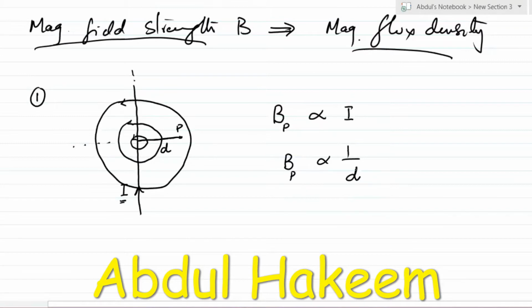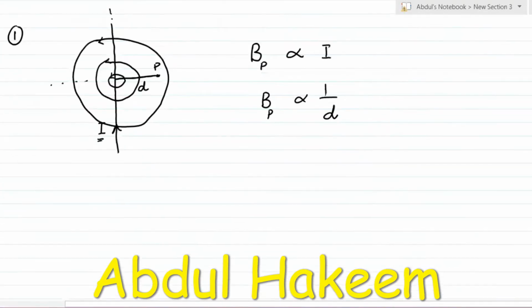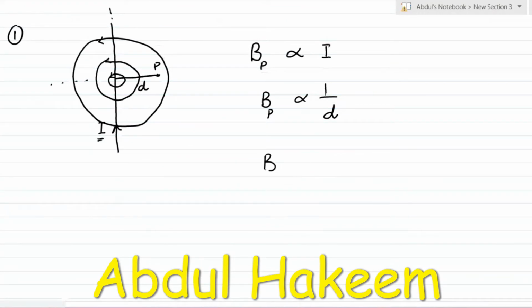So directly proportional to current, but inversely proportional to d. When these two relations are joined together, the B at P is current divided by distance, and the constant B is equal to mu naught divided by 2 pi, I divided by d.